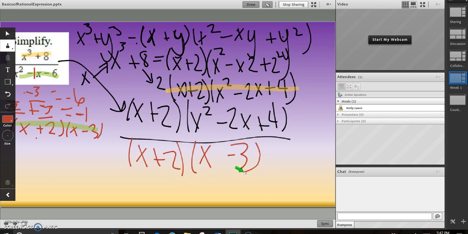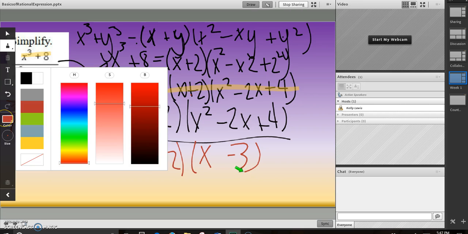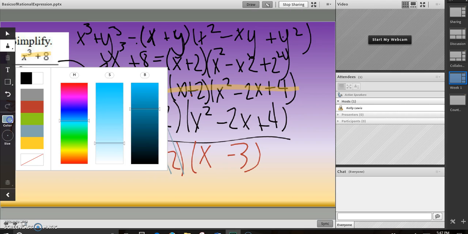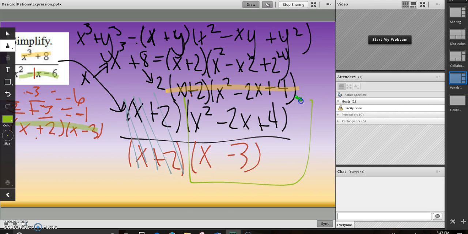Then I'm going to cancel what they have in common. They have this x plus 2 in common. So the only thing I have left is this, and that's the answer: x squared minus 2x plus 4 over x minus 3. And you don't really have to have those parentheses. Just write it right over that. Okay, so that was complicated.